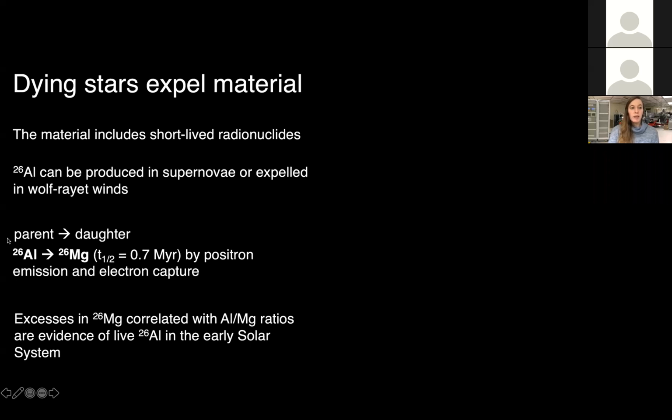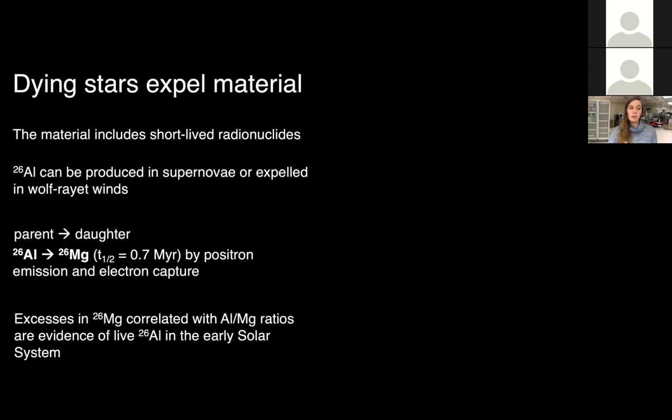So here I'm showing the parent, aluminum-26, and it decays to the daughter, magnesium-26, with a half-life of 0.7 million years. Because it's such a short half-life, 50% of aluminum-26 will decay to magnesium-26 within this 0.7 million years.